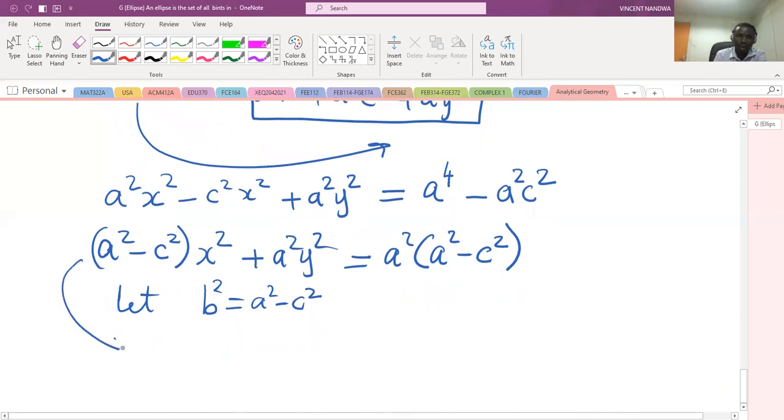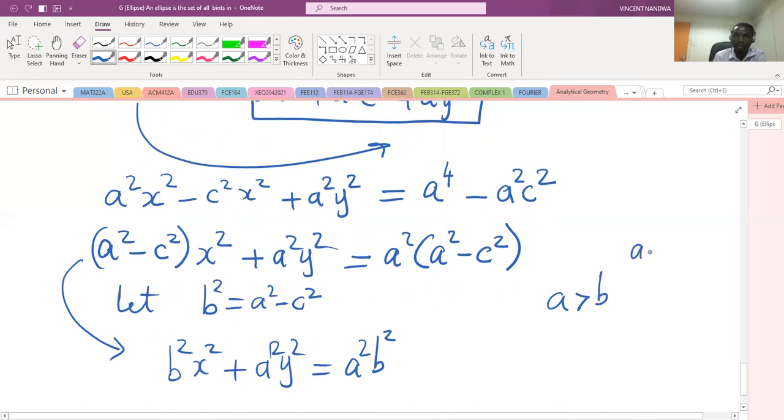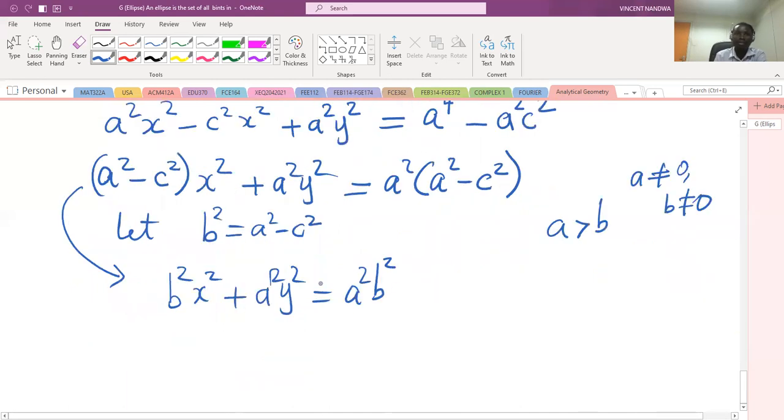So from that one, we'll get b squared x squared plus a squared y squared equals a squared b squared. And since a is greater than b, and both a and b are not 0, then the product of the squares is also not 0, and therefore we can divide through by a squared b squared.